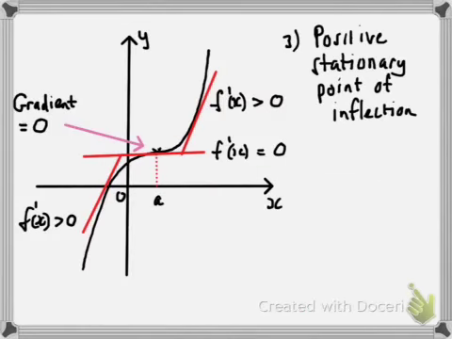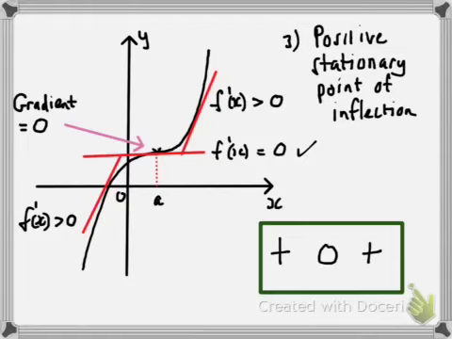The next one is a point of inflection, a positive stationary point of inflection. As it flattens out here, just at that moment, we've got a gradient of zero. To the left and to the right of it, the gradients are positive. So that's a distinctive pattern here. You've got positive, zero, positive again. That characterizes a positive point of inflection.